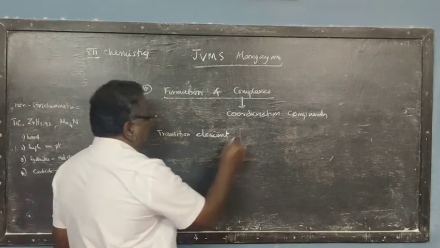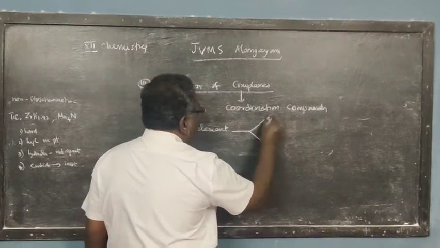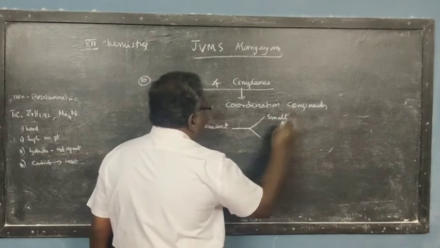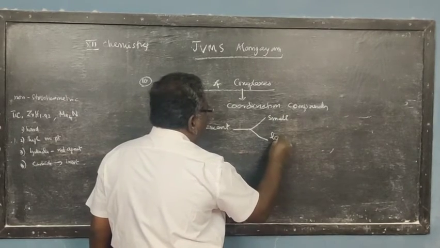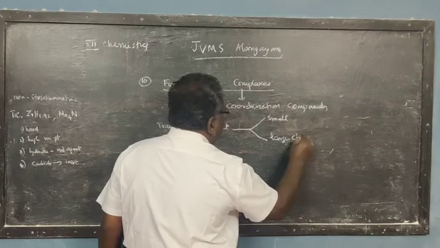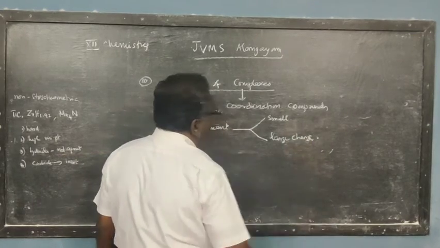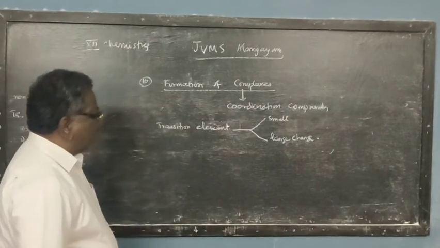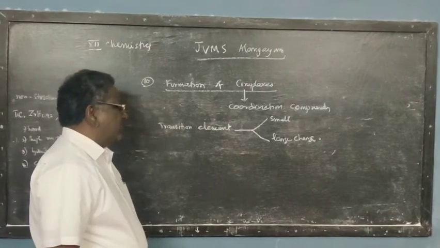The transition metals are small in size and they have large charge density in their nucleus. Because of that, they are capable of forming the coordination compounds.